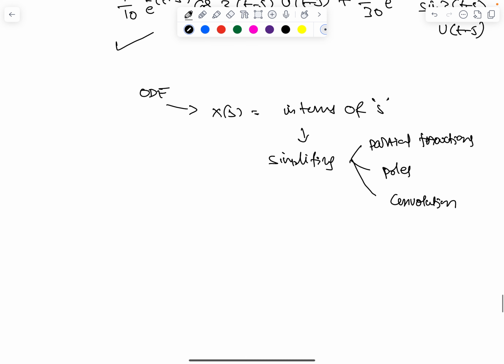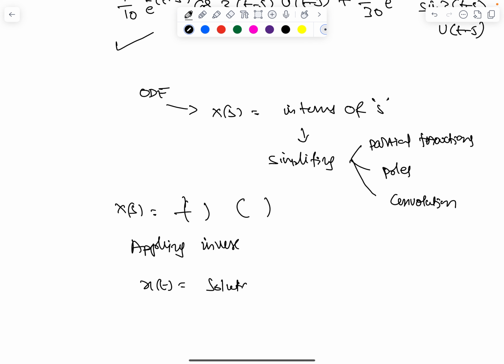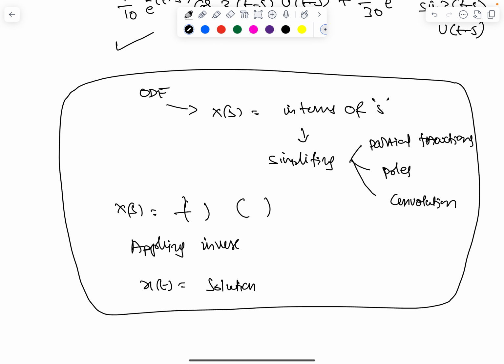That is, you are able to write capital X of s into some parts. Then you apply the inverse, that is, x of t is equal to the solution. This is the rough diagram of solving differential equations.